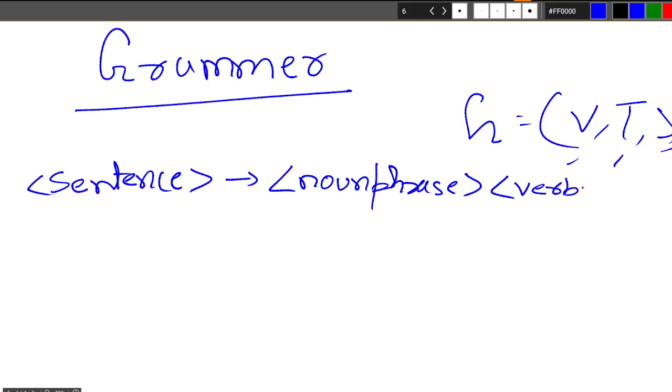Okay, the dog jumps or something like that. Okay, what can this noun phrase be?